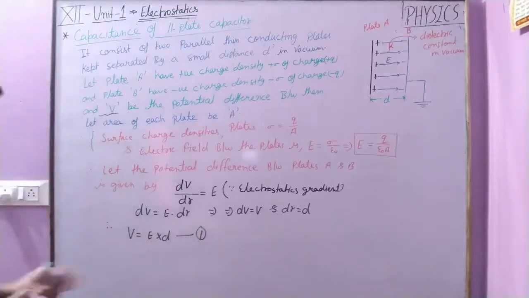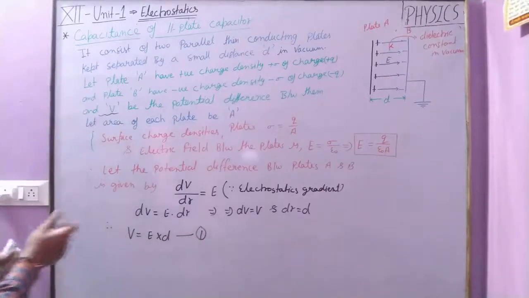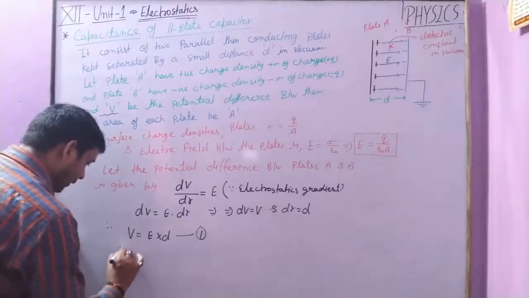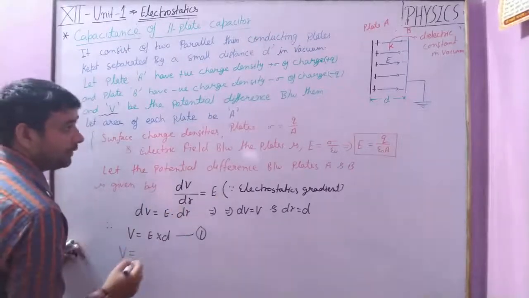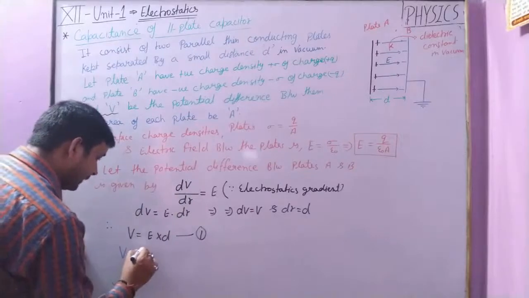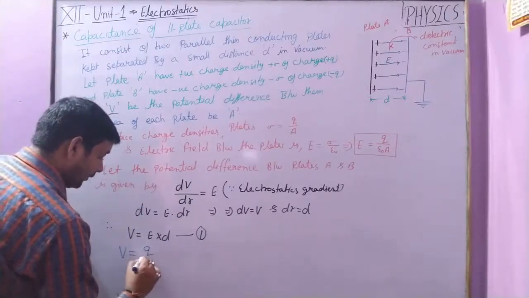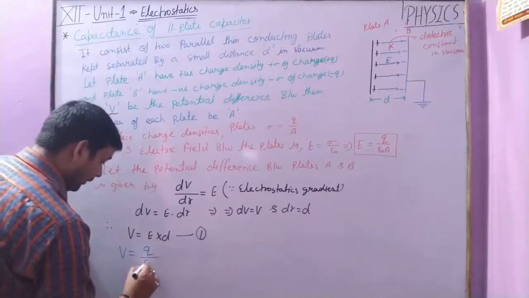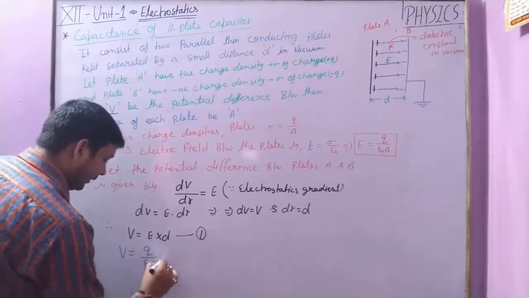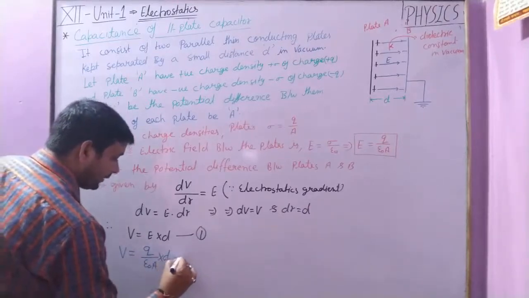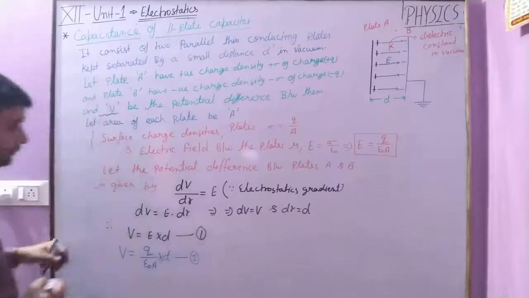Now by using the value of E here, we get the potential difference between the plates as Q upon epsilon naught A into D. This is equation second.